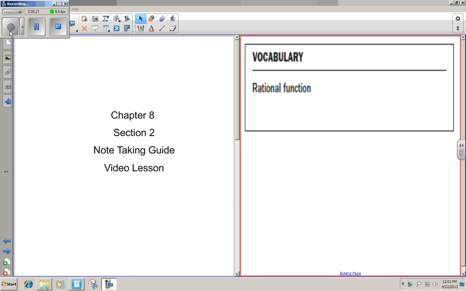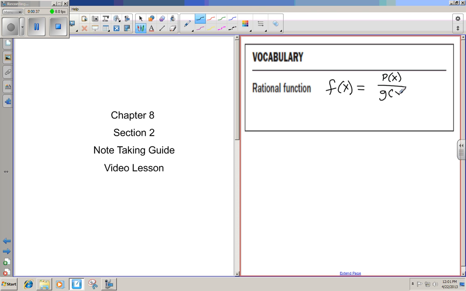So first of all, a rational function. Well, what is a rational function? A rational function is a function of the form... So you're given a function that is composed of multiple functions. So something like this. These are all polynomials, and there are some certain rules about polynomials.